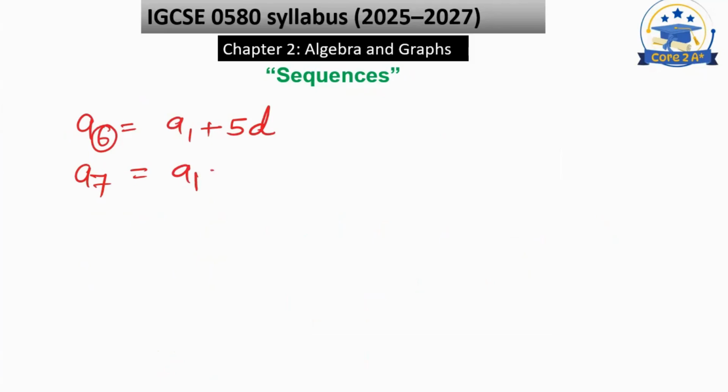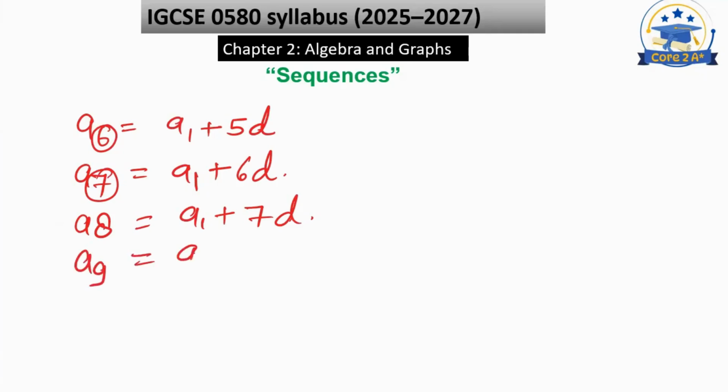A1 plus, because it is 7, subtract 1, 6D. For A8, A1 plus 7D. Are you getting the things? For A9, A1 plus 8D.